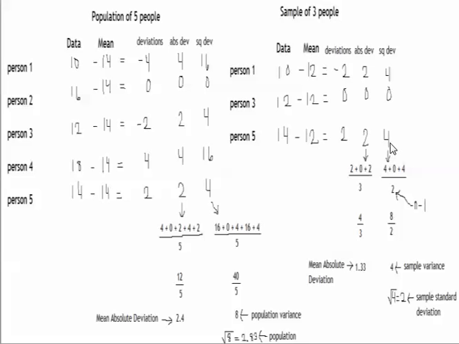What we do next is, remember before when we found the variance of the population, it was just the mean of the squared deviations. This time it's almost like finding the mean of the squared deviations, except we don't divide by the number of numbers, we divide by one less.